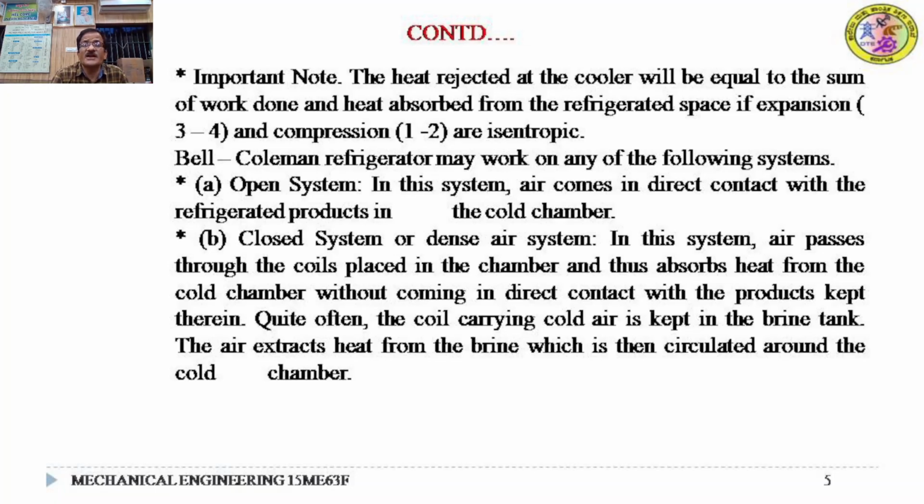Quite often the coil carrying cold air is kept in a brine tank. Whenever you require a second refrigerant, you can use brine or salt solution for uniform cooling. The air extracts heat from the brine, which is then circulated around the cold chamber.